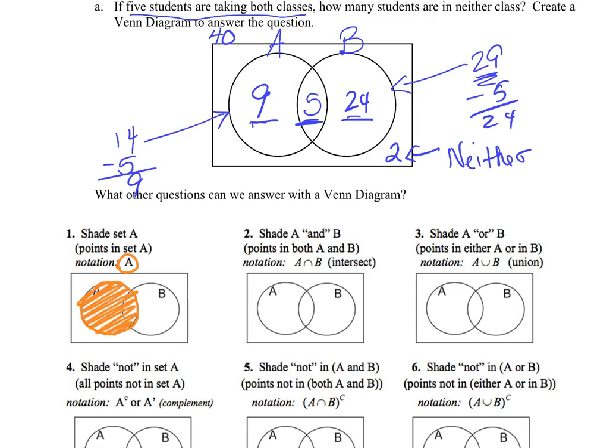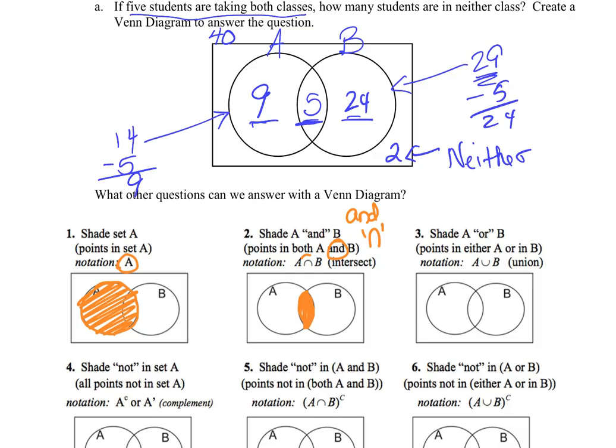This little thing right here stands for the intersection, or the word and. It looks like an upside down U or an N, like you use N for and when you're texting. That's the overlap where both A and B are happening.